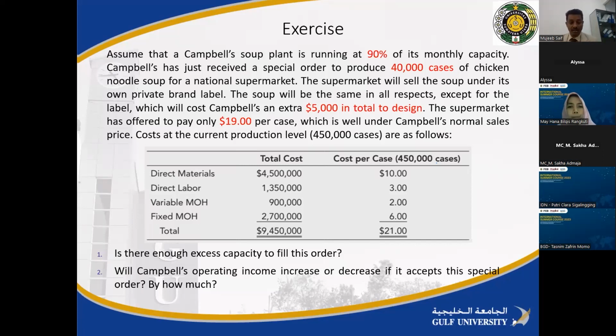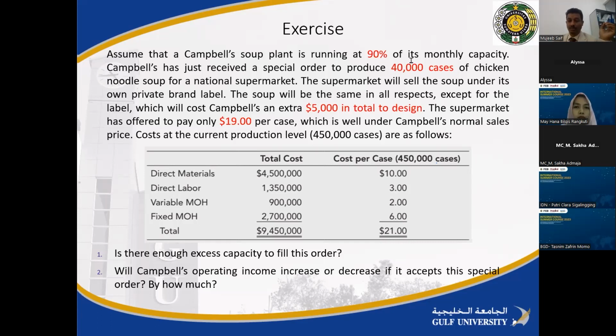Another way is to focus just on the benefit and cost, and the answer will be the same, right?